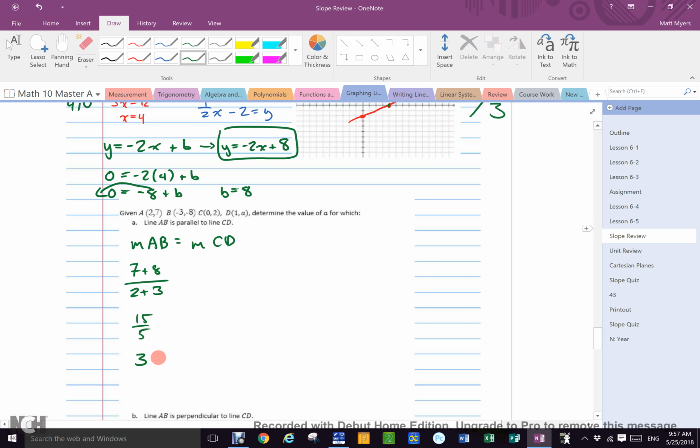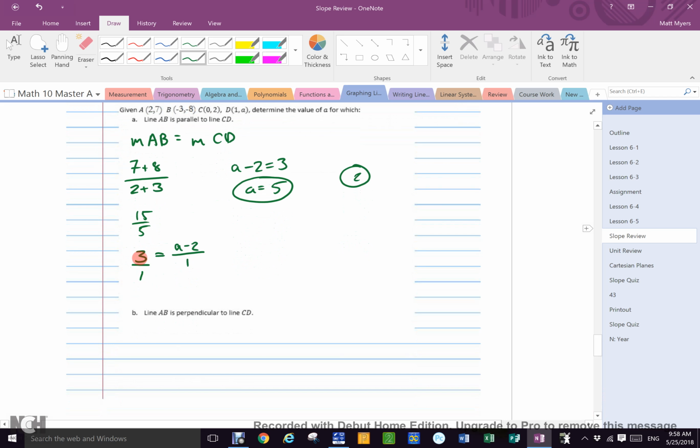So all I got to do is check CD, and it has to equal 3, which would be a minus 2 over 1 minus 0, which is 1, correct? Is that fraction equals fraction? What's the number below 3? 1. So it is a minus 2 equals 3. What does a equal? 5. Done. 2 marks.